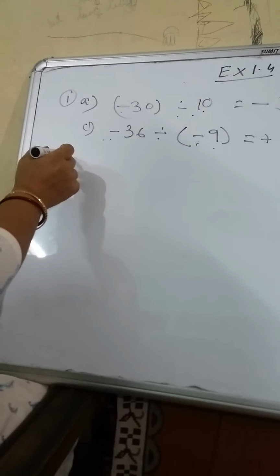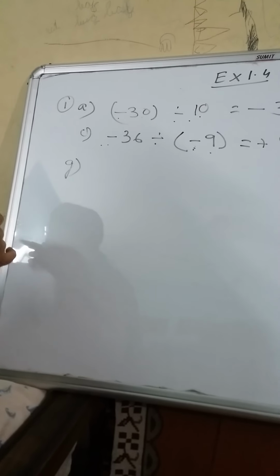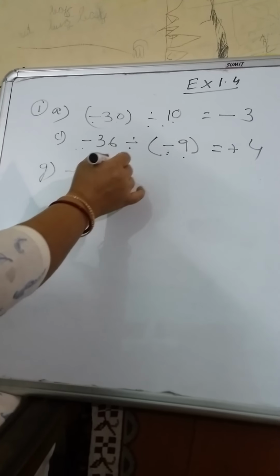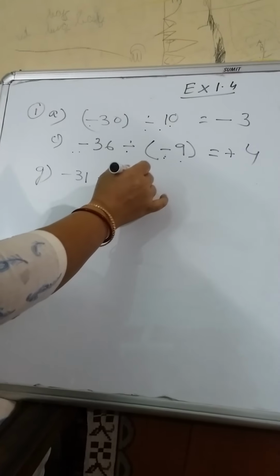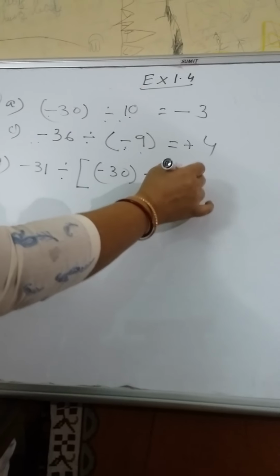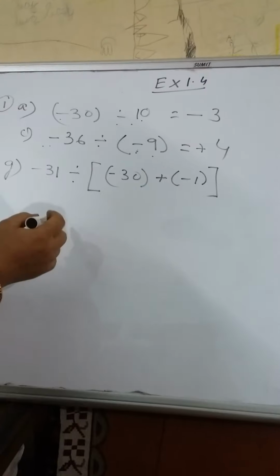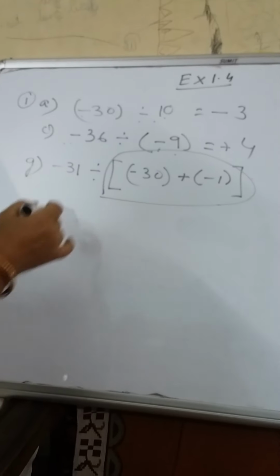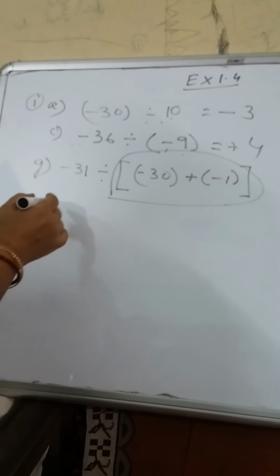Next, question number G. Minus 31 divided by, under bracket, minus 30 plus minus 1. If brackets are given, first you have to solve the part under the bracket.